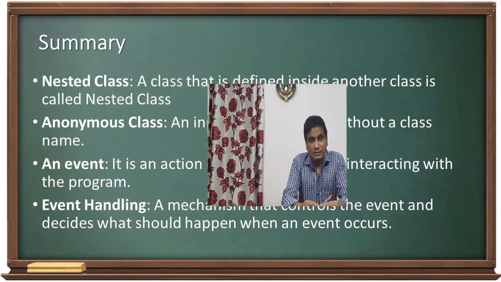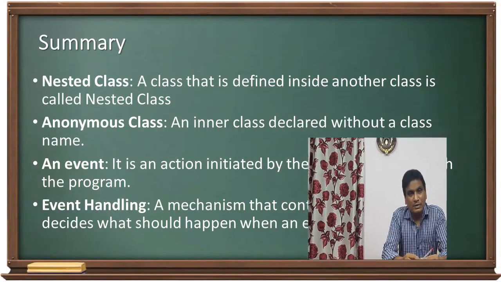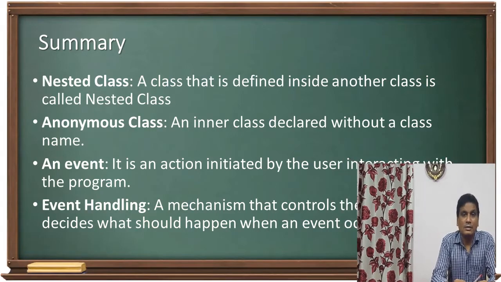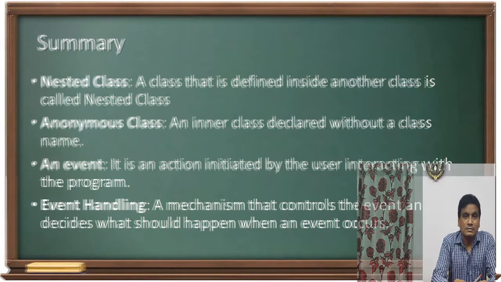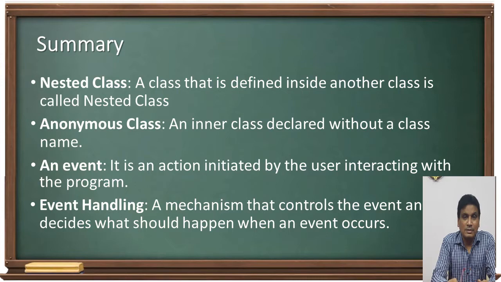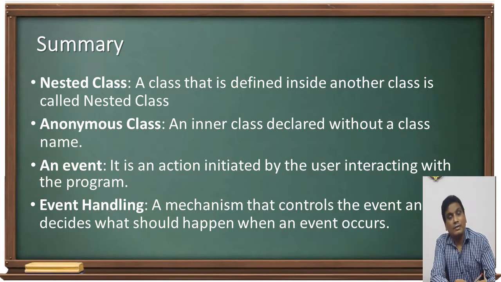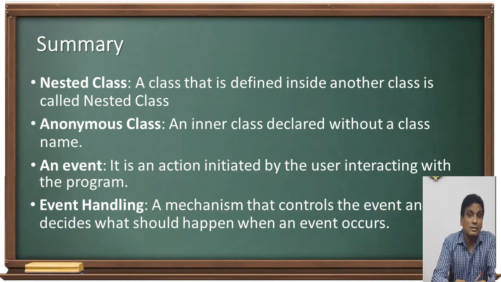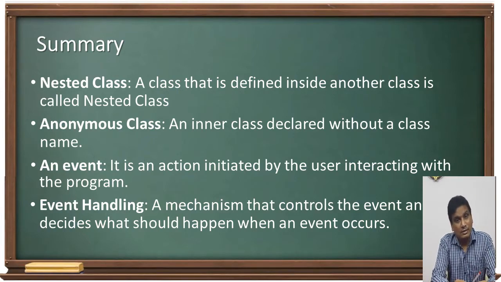Before we conclude, let us summarize what we have learned today. In today's class, we have learned what is an inner class. A class that is placed inside the other class is called an inner class. We have also learned what is an anonymous class. An anonymous class is a class without a name.